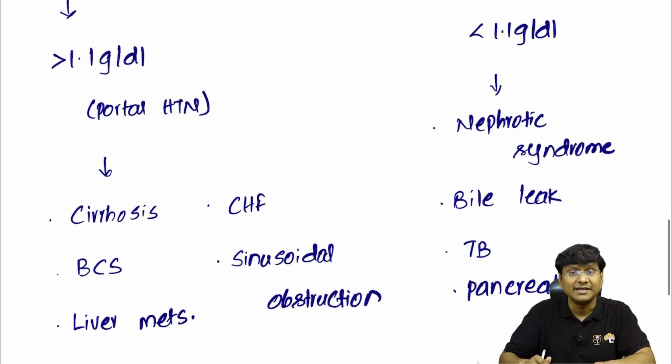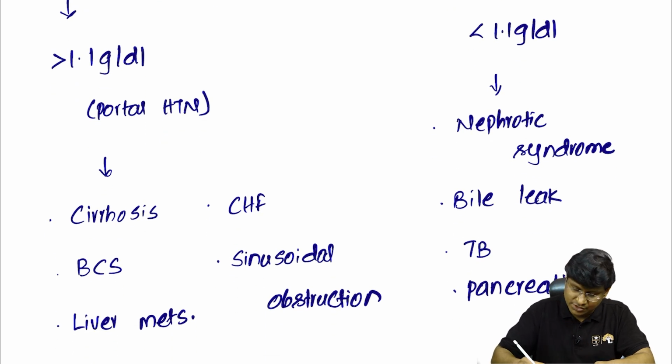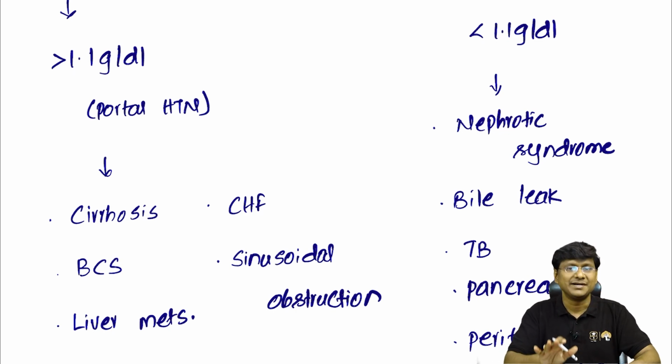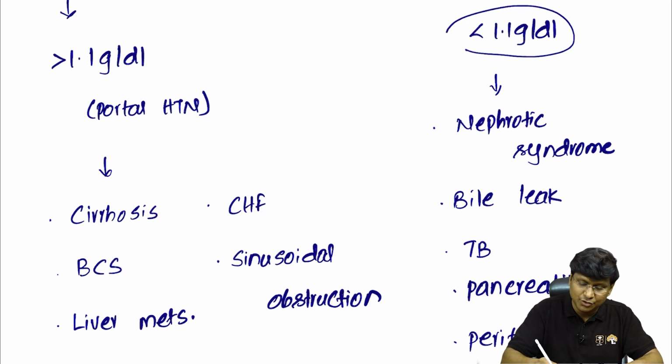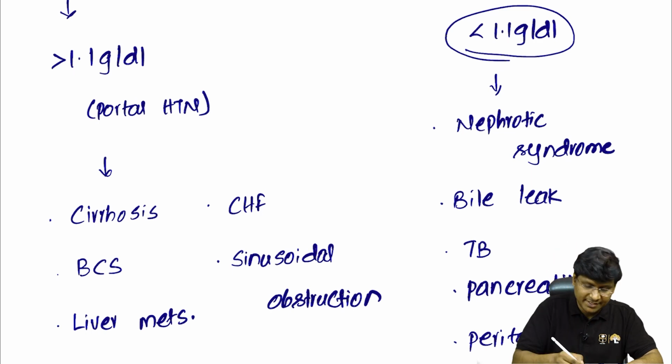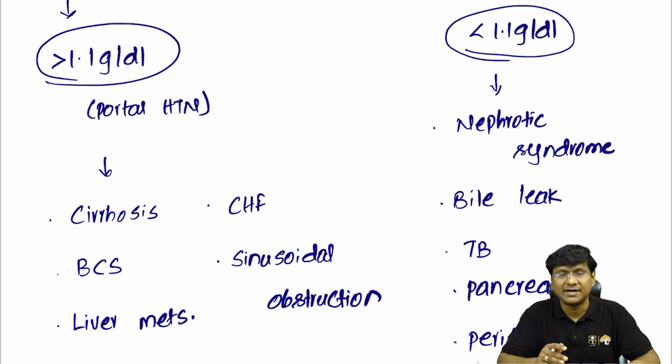Then followed by that in case of the peritoneal carcinomatosis. Okay, so these are all the conditions where you have the SAAG value being less than 1.1, right? And these are all the conditions where the SAAG value is more than 1.1. These are all the etiologies, right?